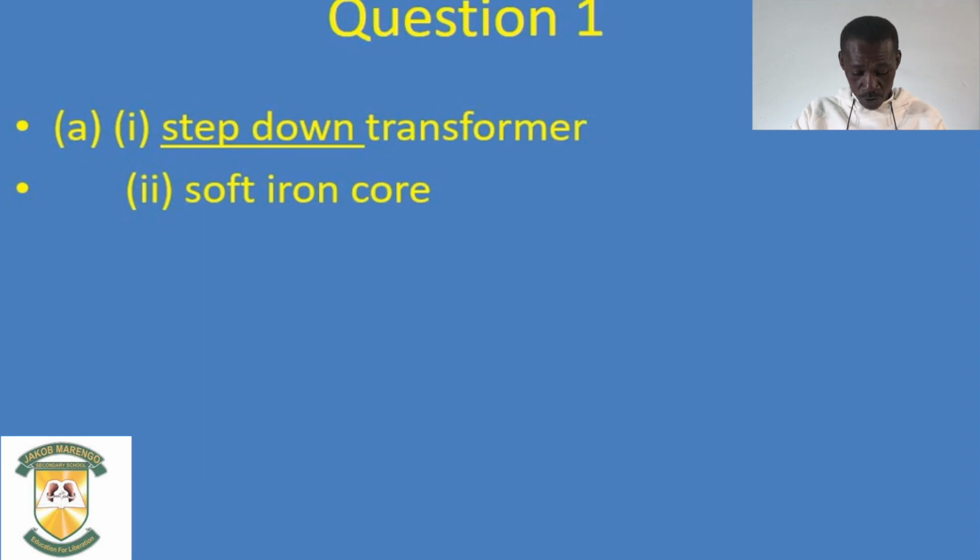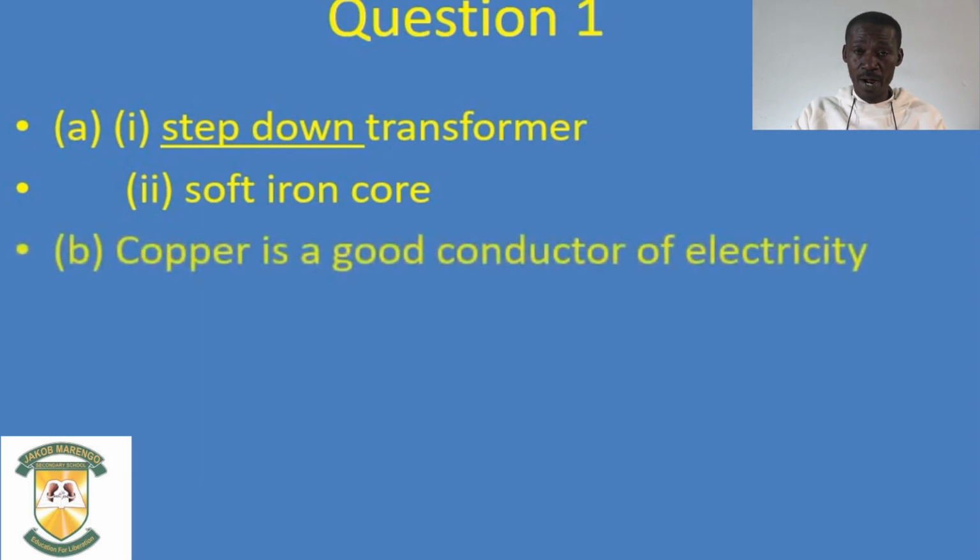Moving on to question 1C, starting with Roman 1. You were supposed to calculate the potential difference across the secondary coil when an alternating potential difference of 240 volts is supplied to the primary coil.